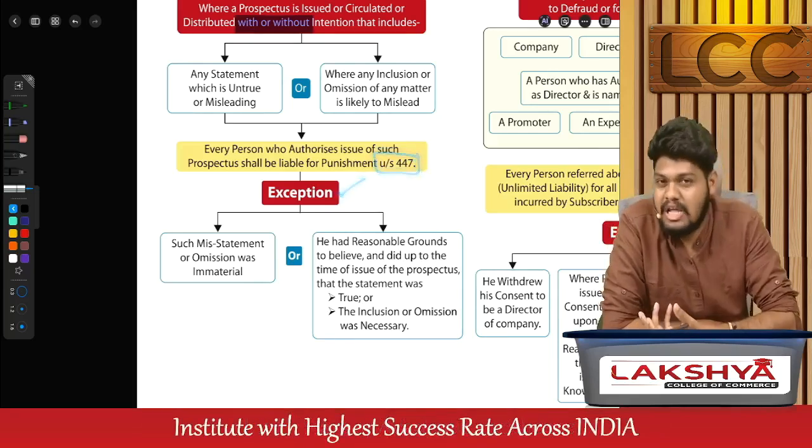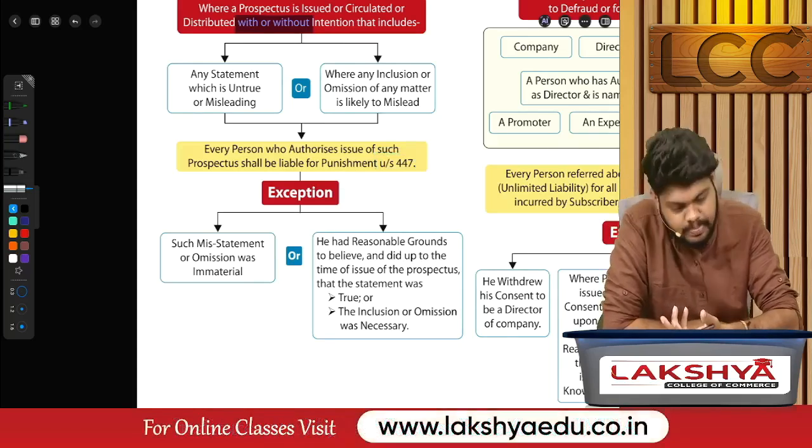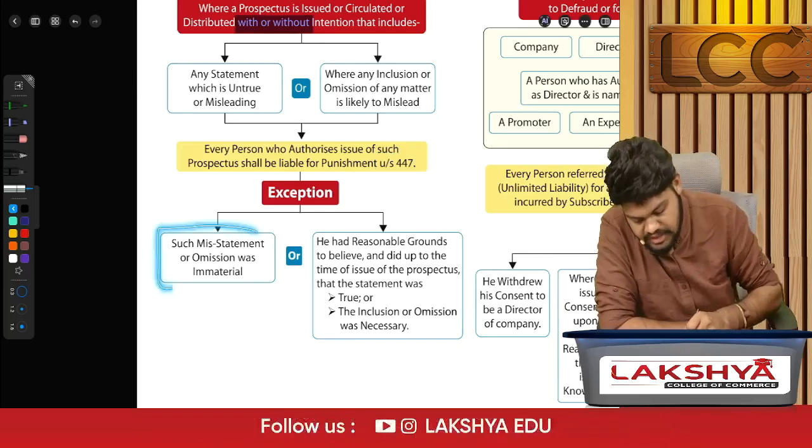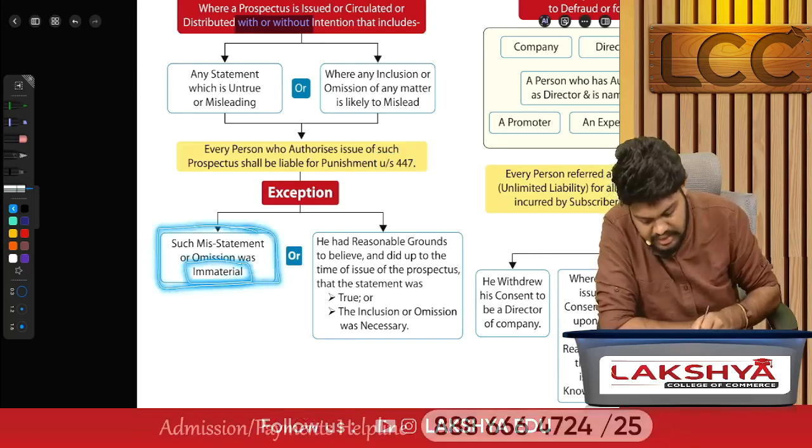In a nutshell, you will be liable when it is intentional or unintentional? Absolutely. You will be liable only when it is intentional. Or if it was intentional, but the misstatement was immaterial in nature.